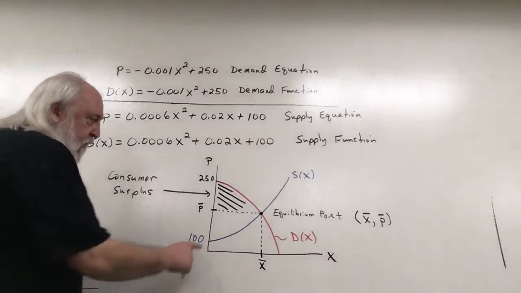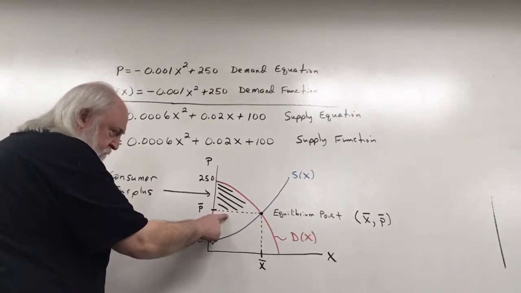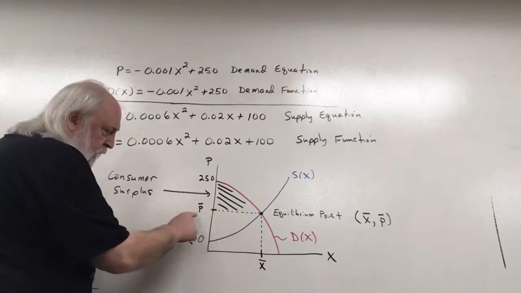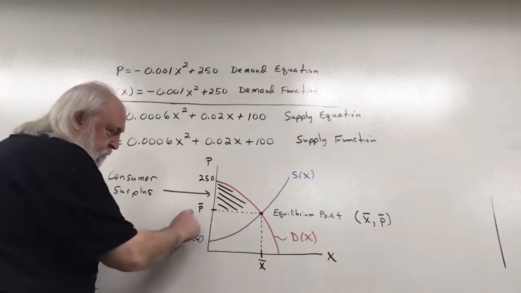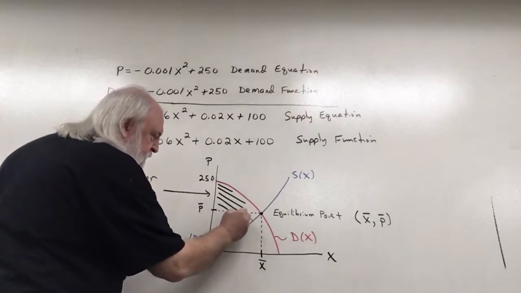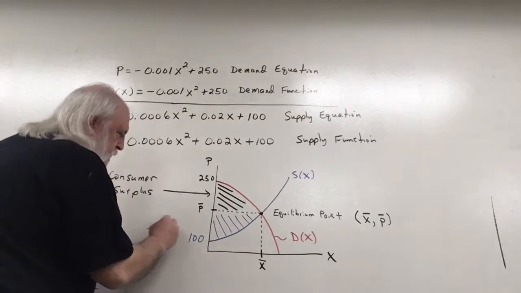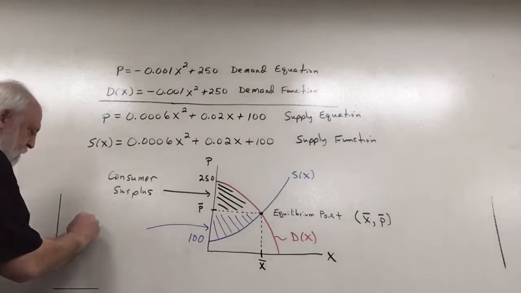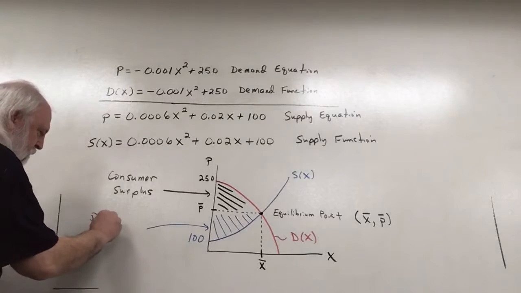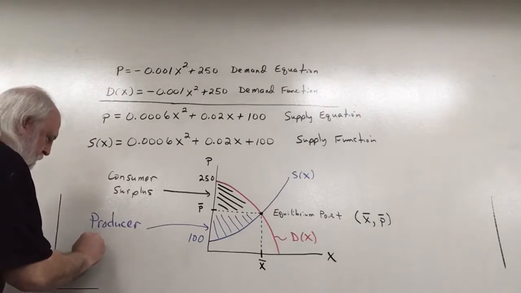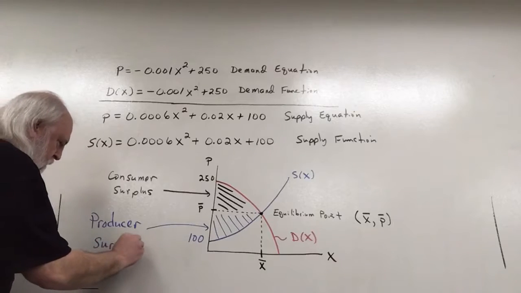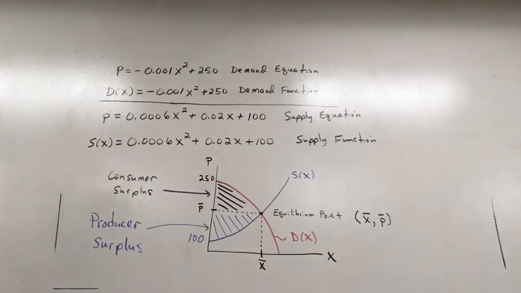Now the area above the supply curve and below the horizontal line segment to the right of P bar has a name too. That's called producer surplus. And we can calculate the size of that area as well using what we learned from section 6.6, the area between two curves.